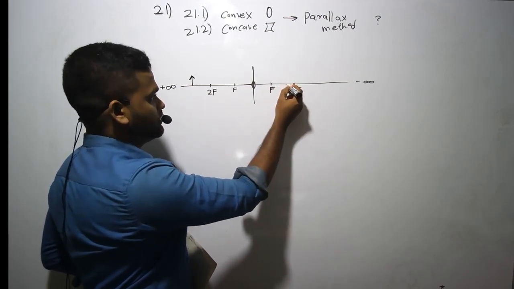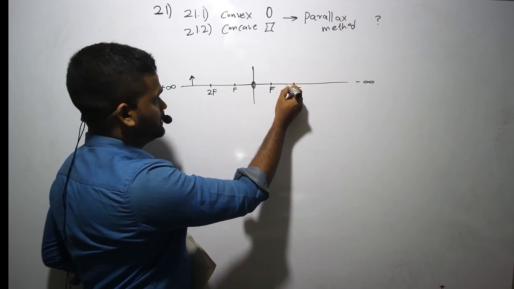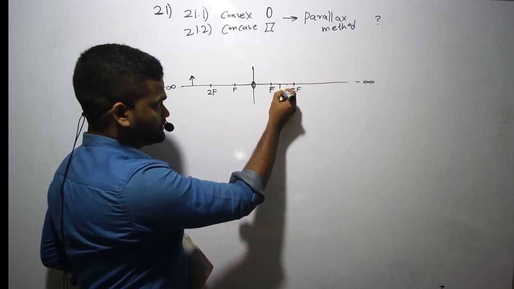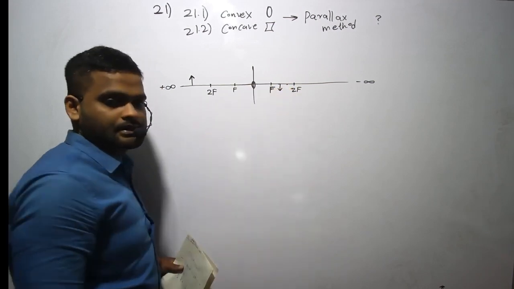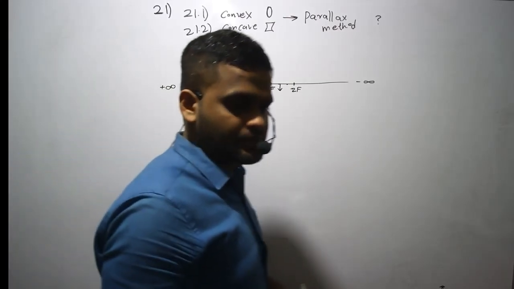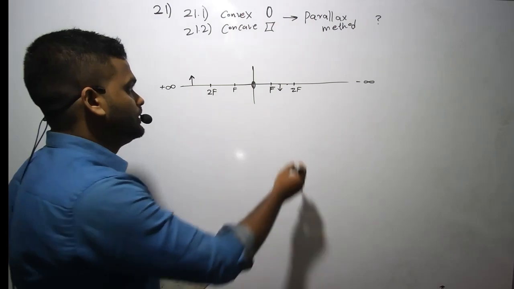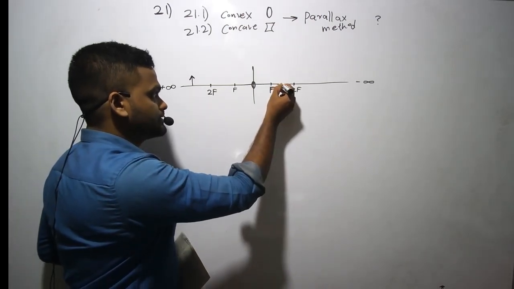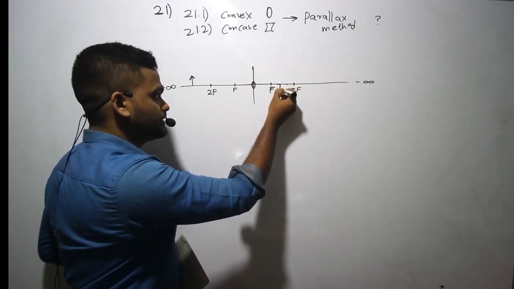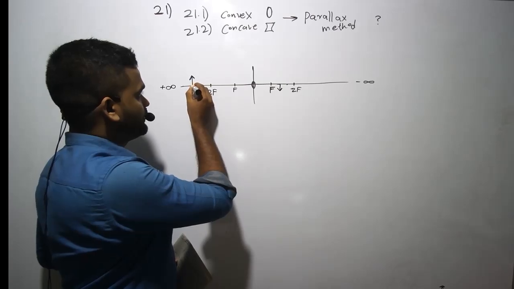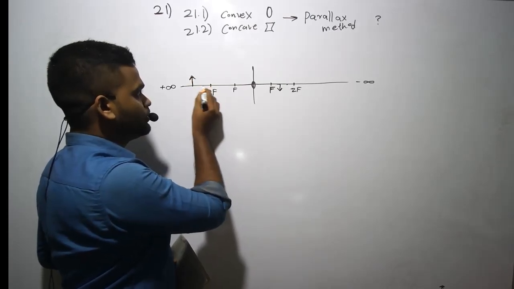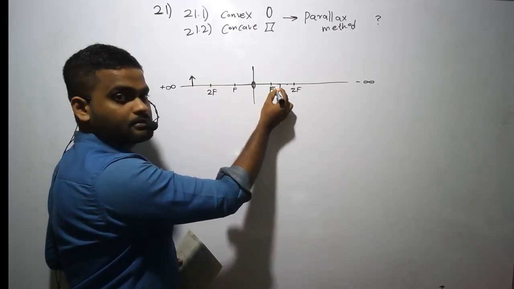And it is a small, inverted image, like this. Inverted small image. You need to remember these from the theories, right? So when you place the object beyond 2F, the image is formed between F and 2F.